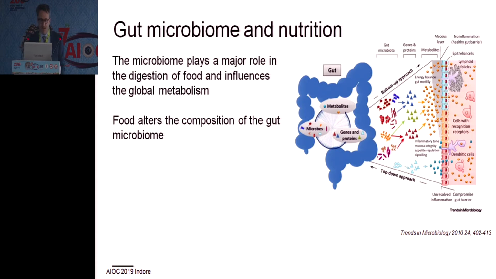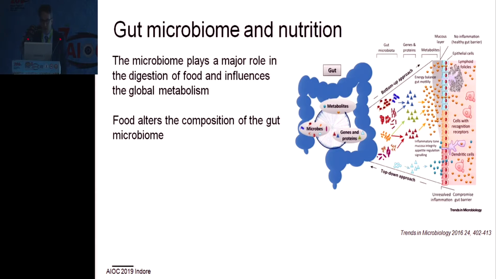And this is a graph of how this works. You have the microbiome in your gut, and all these bacteria digest your food, your sugar, your fats, and help you to uptake these components into your bloodstream.